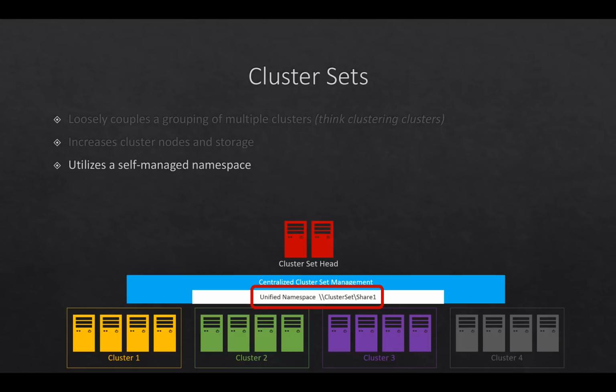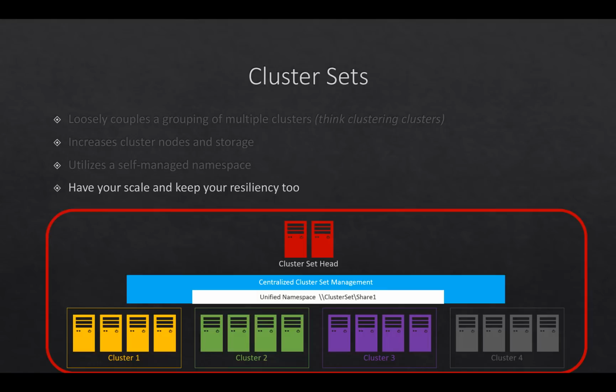Then we'll use that single unified namespace so we don't even actually have to know what the path of the machines are. By doing all of this, you have your scale and you're keeping your resiliency.